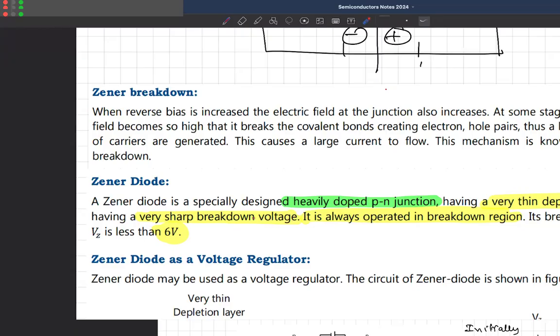Normal diode and Zener diode, two differences. Normal diode, normal doping. Zener diode, heavy doping. Normal diode under reverse bias, width of the depletion region is high. Zener diode, width of the depletion region is narrow relative to a normal diode. So the depletion region is thin, so sharp breakdown voltage.